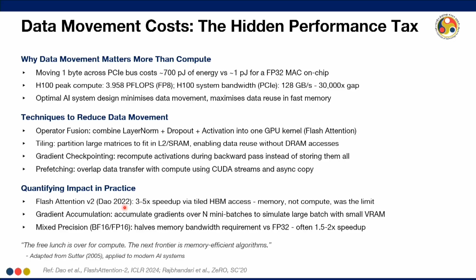If you have a 2048 data sequence to be processed, then 2048 by 2048 tiles have to be fetched per sequence computation. With flash attention, we can reduce that data movement through HBM access by 3 to 5 times. Similarly, gradient accumulation and mixed precision, by using reduced computation precision, also reduce the data movement.